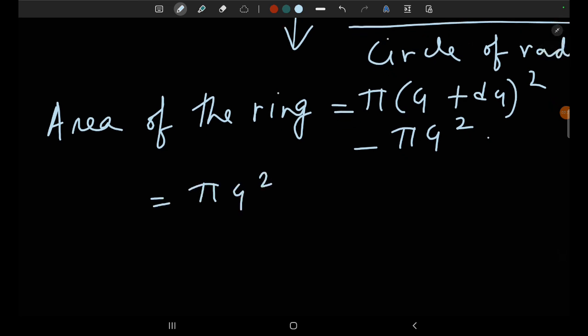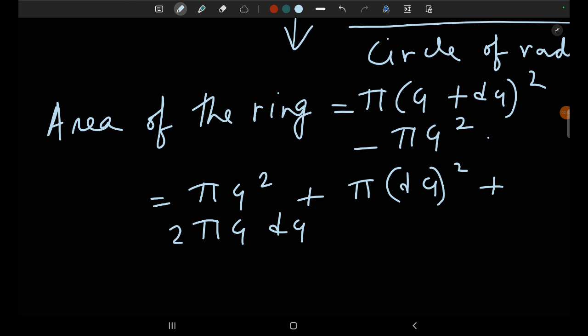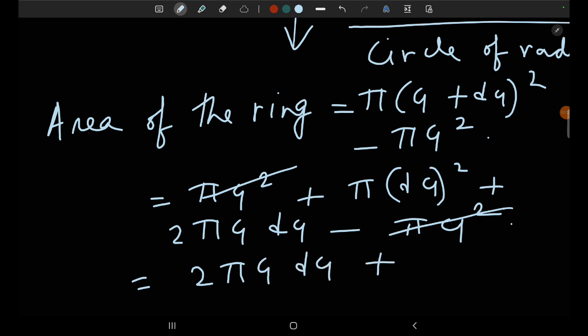So this came out to be pi c1 squared plus pi dc1 squared plus 2 pi c1 dc1, minus pi c1 squared. We are applying basic geometry and algebra, and we cancel off the pi c1 squares, and we are left with 2 pi c1 dc1 plus pi dc1 whole squared.